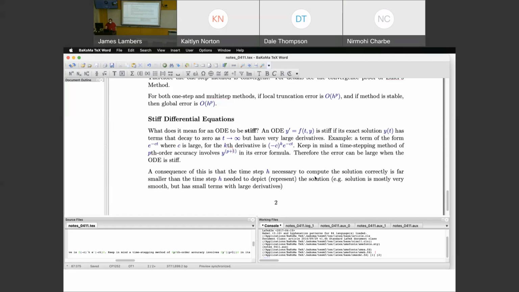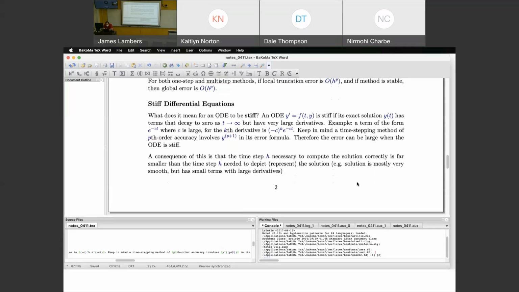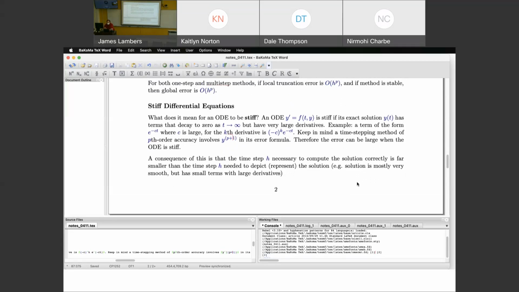Oh, so here's the other notion of stiffness that I gave. Again, the time step needed to compute a solution is much smaller than the time step needed to depict a solution. And the problem is, a lot of ODEs come from PDEs.